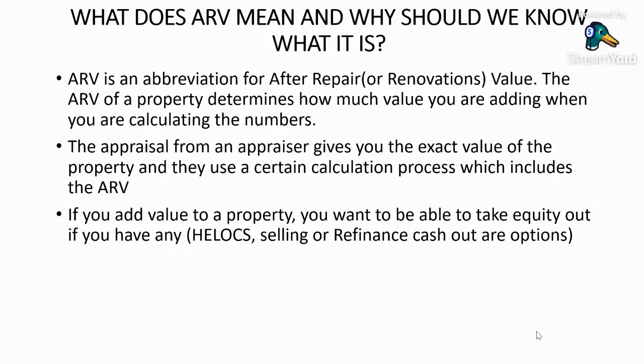You will have to know if you even have equity in it before the appraisal, because you have to pay for the appraisal. So before the appraiser even comes and you pay for an appraisal, at least you have a number you can go off of by doing the right calculations.